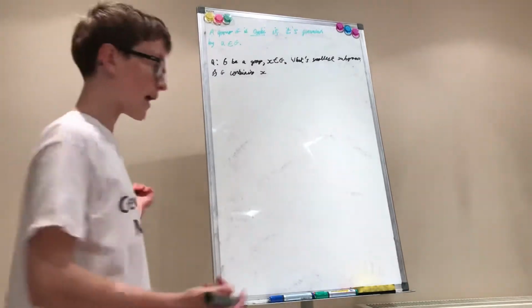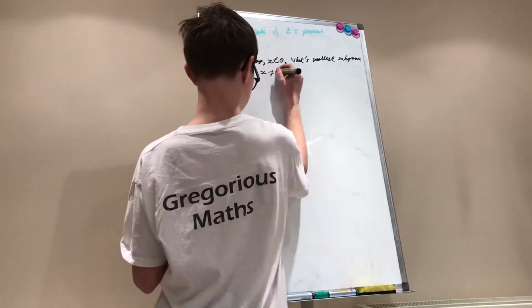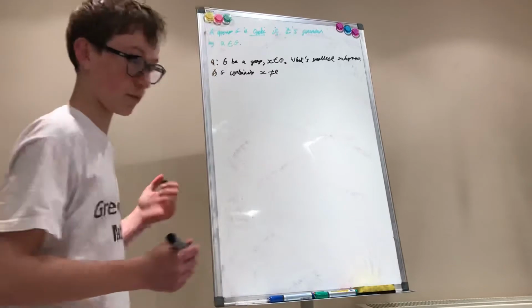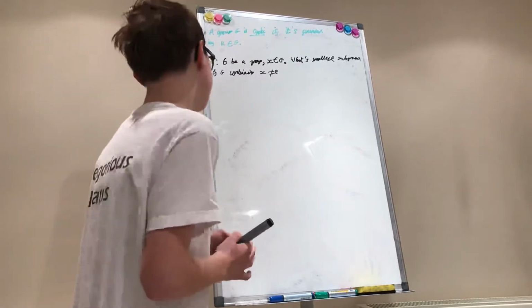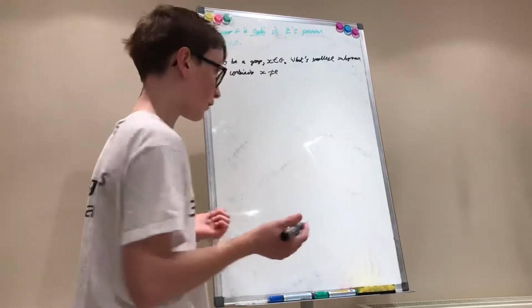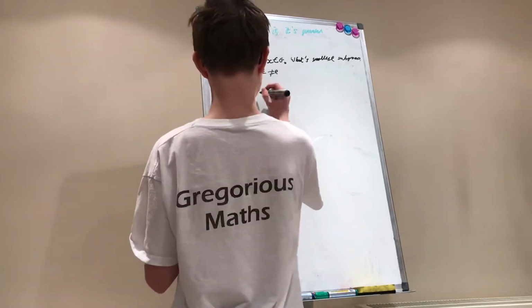And we'll say that X is not equal to the identity element, otherwise that would just be the trivial group. Well, it has to contain X.